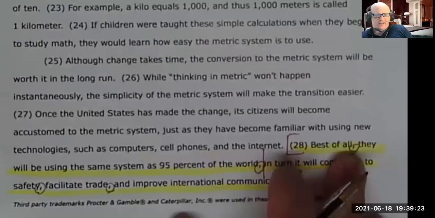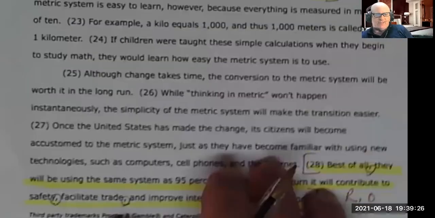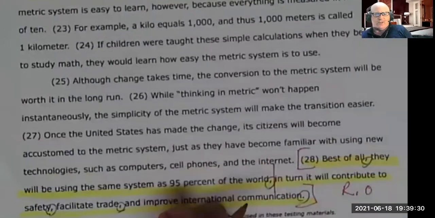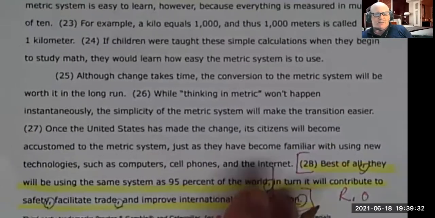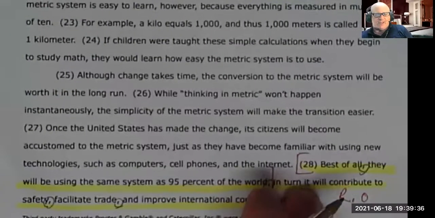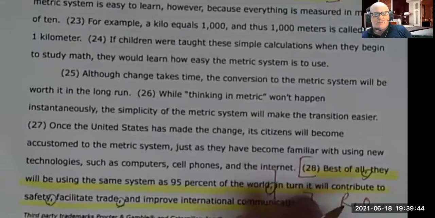They, whoever they is, the previous sentence, will be using the same system as 95% of the world. My brain made me pause. So that comma right there should not be a slowing down sign. It should have been a stop sign. So I drew an imaginary wall right there to say, okay, I know that this is a run-on.